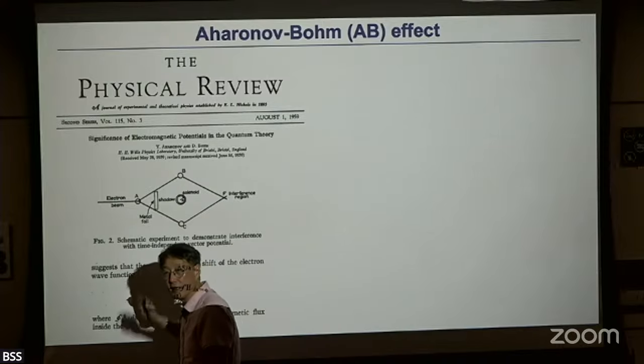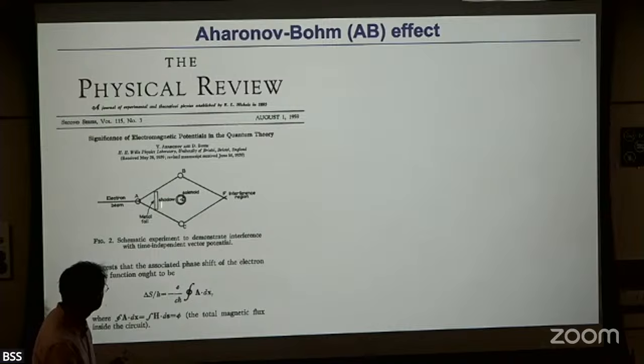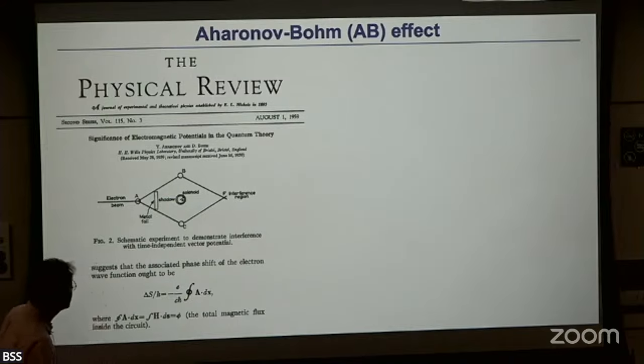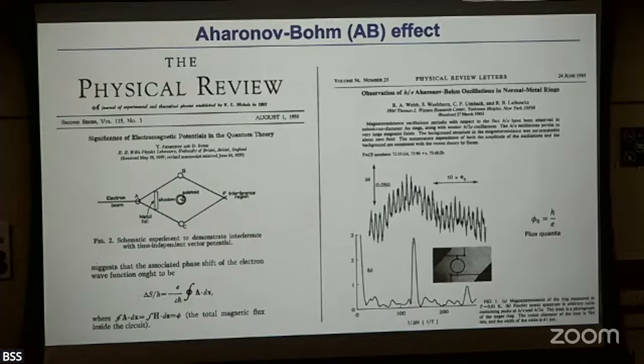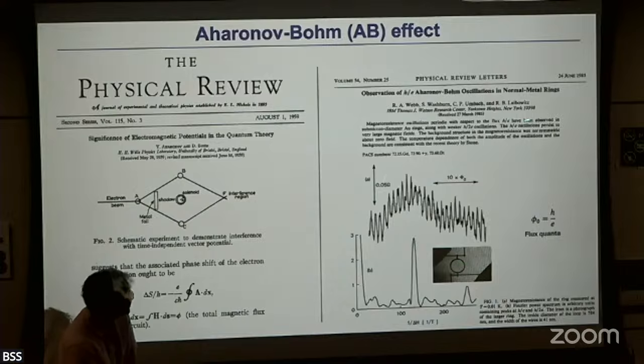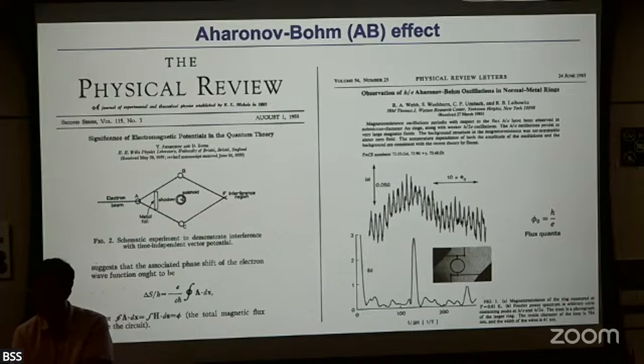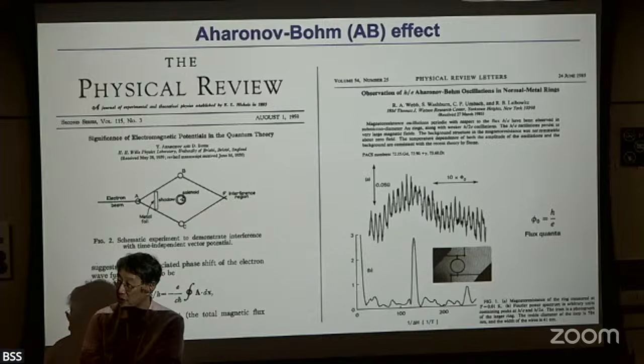The first experimental realization of this experiment was done by putting in a solenoid and sending particles through. But the solid state demonstration was done in the 80s. This is one of the beautiful experiments done in 85, and I believe this was done at IBM, right? Yes. What this experiment shows is that around 1985 was about the time that people could use electron beam lithography to fabricate very small structures.